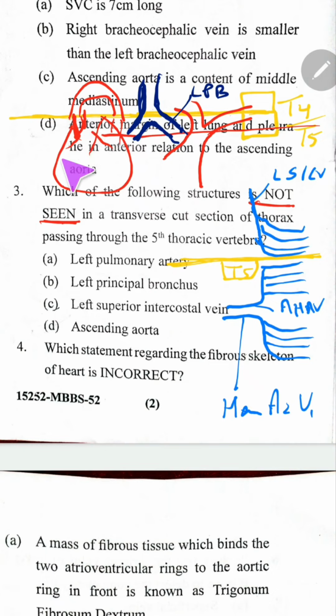So ascending aorta you are going to find in the section of T5. This is the section of T5. Okay. So your answer will be left superior intercostal vein. You have got the answer here. Left superior intercostal vein is the answer. Okay. So 3 is C.